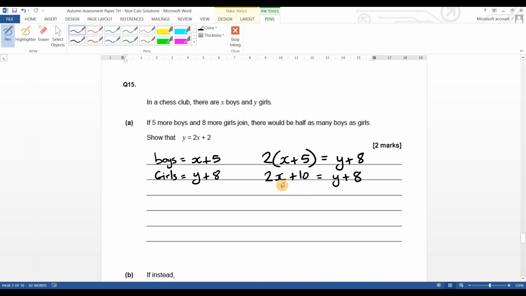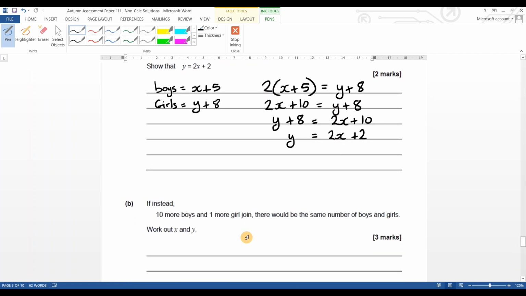In fact, let's put y on this side. It's the same thing anyway, isn't it? So now, if I minus 8 from both sides, I will get 2x plus 2. There you go. And you've shown it. That's your answer. That's part A done.